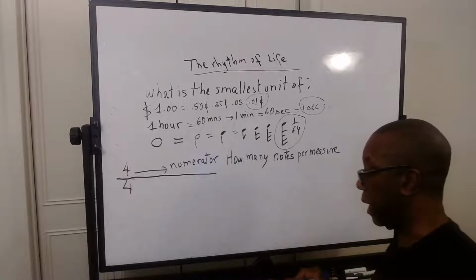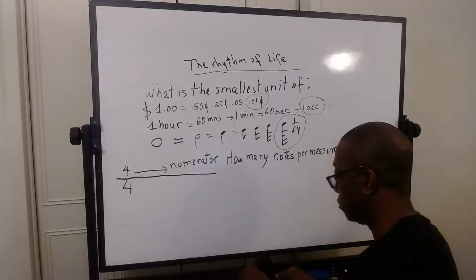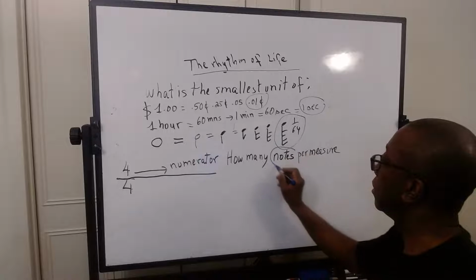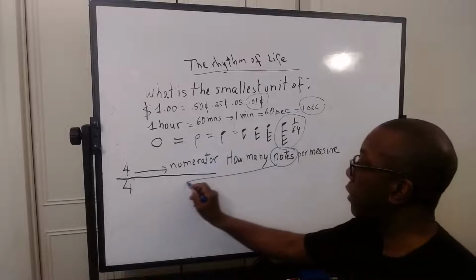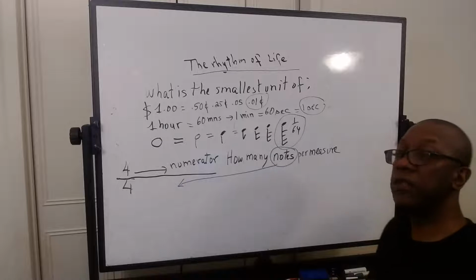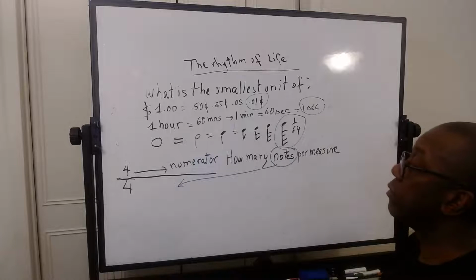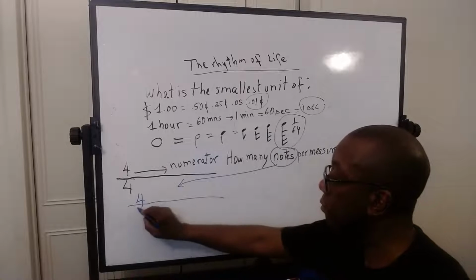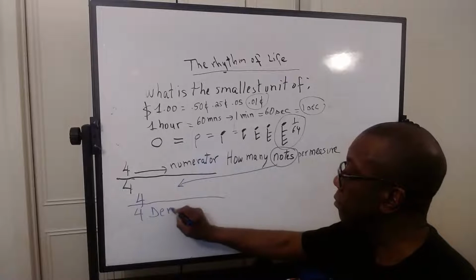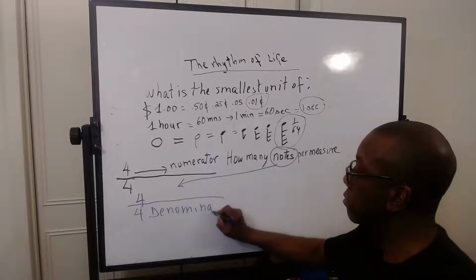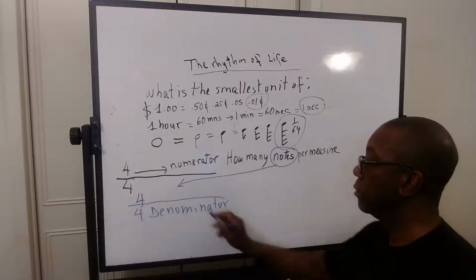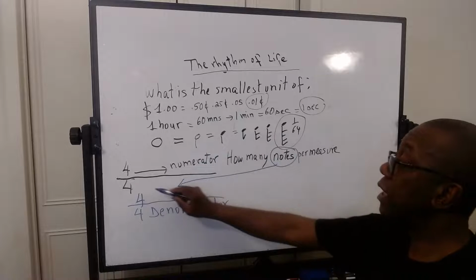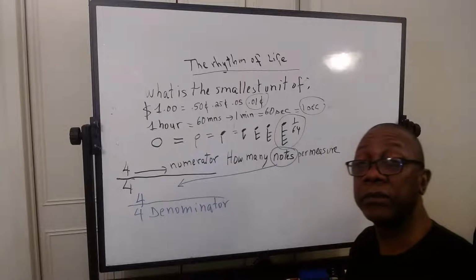Now, what do I mean by note? The notes mean any number I see down here in the denominator. So the next important symbol is the denominator. This one tells me which of the notes is going to be inside the measure.